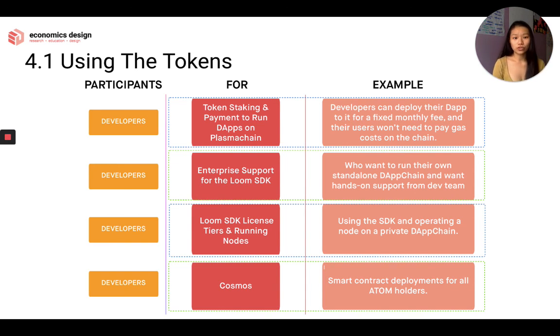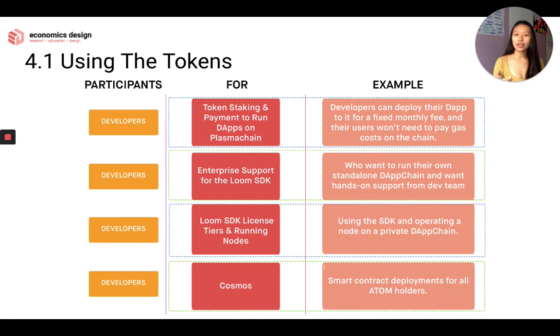So whoever wants to run their own standalone chain, like their own side chain, can pay in Loom tokens for specific access to the developers team, the Loom development team. You can pay SDK licensing and run nodes and tiers. So this is for private chains, private side chains.